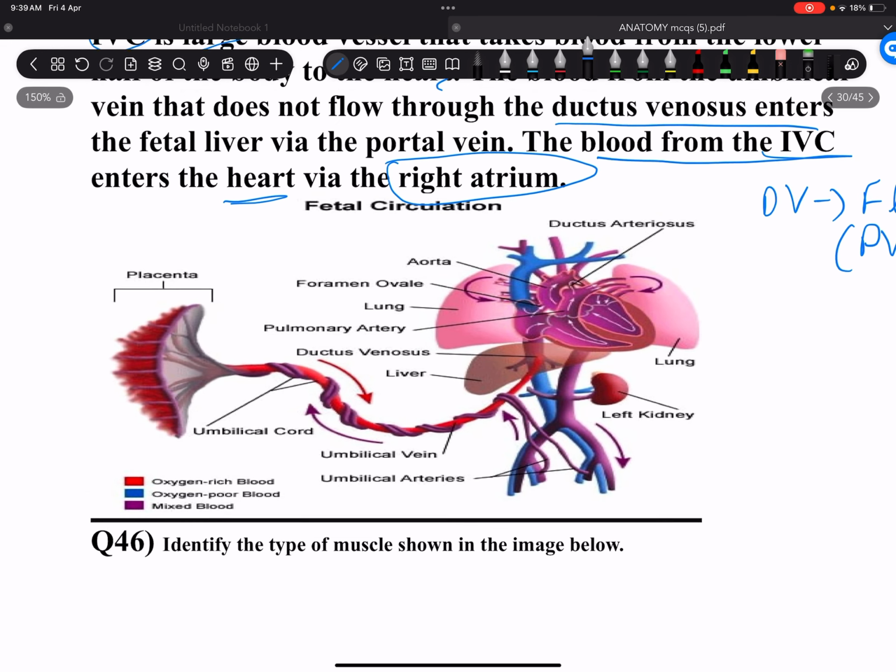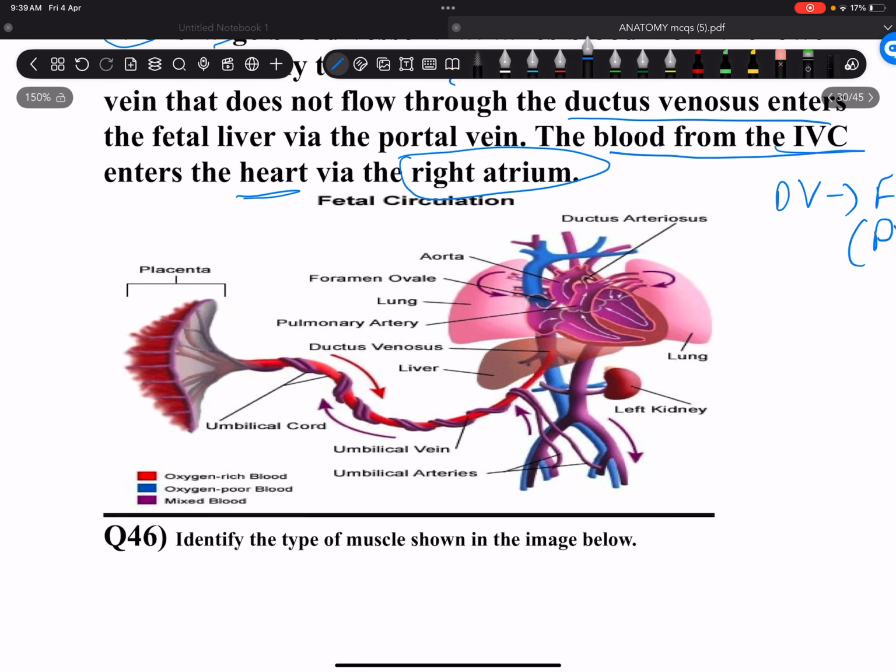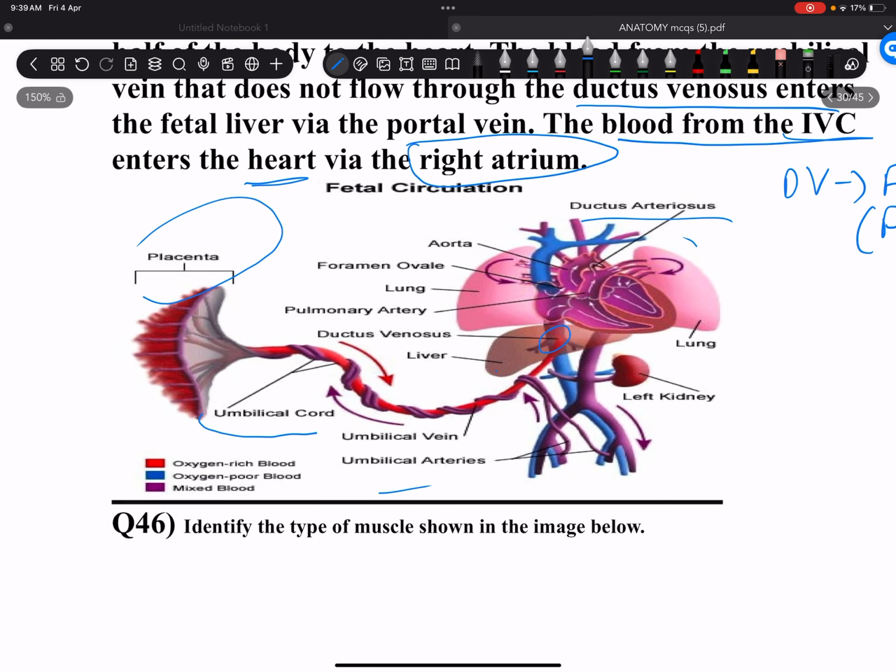So this is the fetal circulation diagram, and you have to go through it too. This is the ductus arteriosus. You can see the lung, left kidney, aorta, foramen ovale, lung, ductus venosus, liver. This is the placenta, umbilical cord, umbilical vein, umbilical arteries. You can go through this diagram properly.